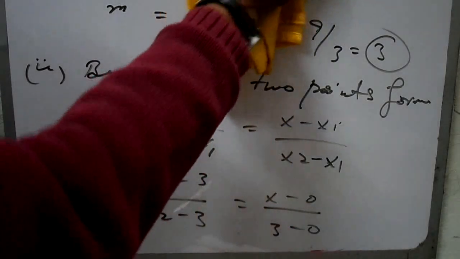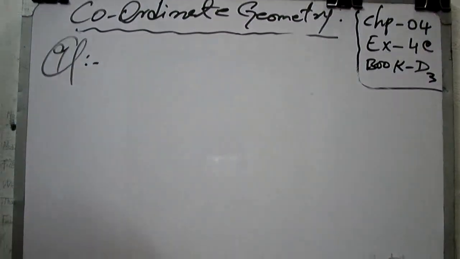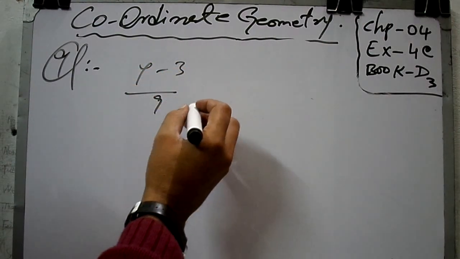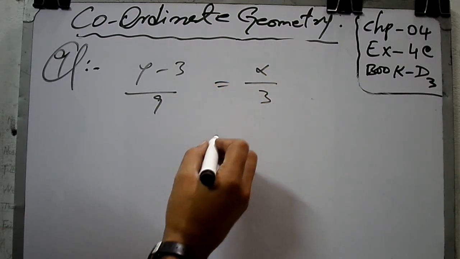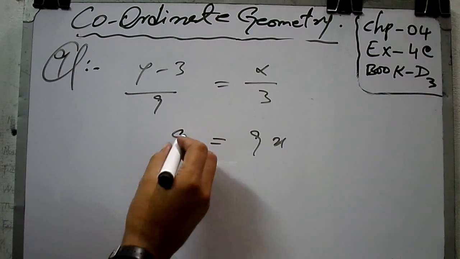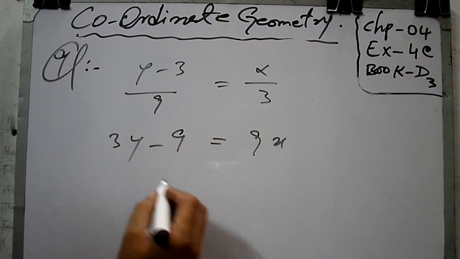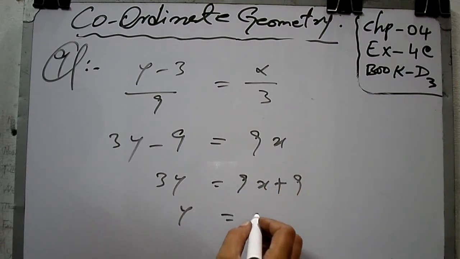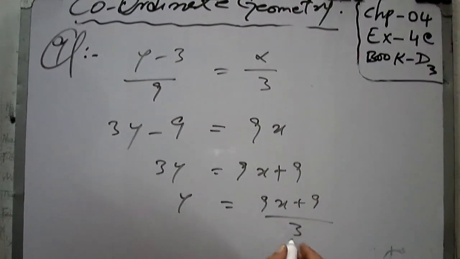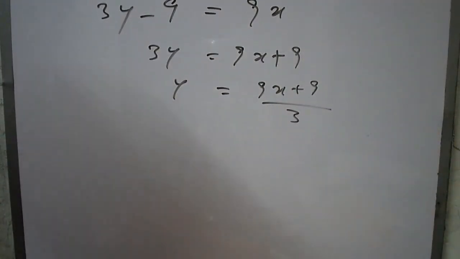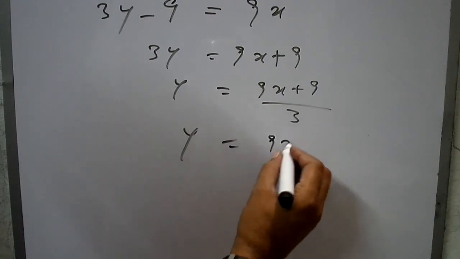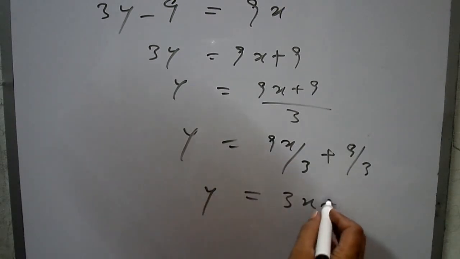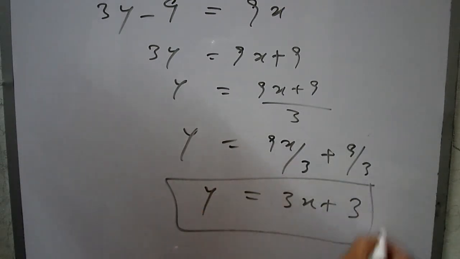So simplification. After simplification, you get y minus 3 by 9 is equal to x by 3. By using cross multiplication, you will get 3y is equal to 9x plus 9. So the value of y is 9x plus 9 divided by 3. So by separation, 9x by 3 plus 9 by 3, y is equal to 3x plus 3. So that is your equation.